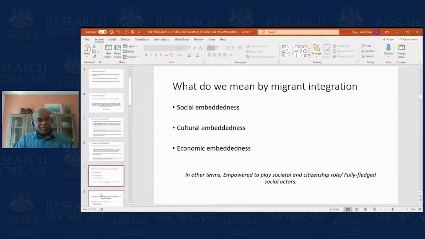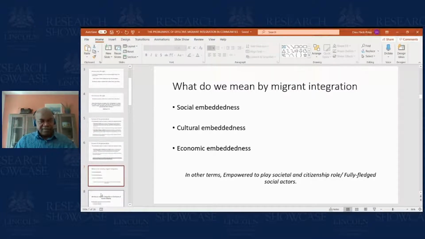So there is a notion of exchange here that takes place in what we call cultural embeddedness. So we are not looking at cultural embeddedness as a cultural colonialism, where the dominant groups tend to force their values upon the new arrival, and therefore cause them to assimilate forcibly. And the third condition that we have here is economic embeddedness. So where the migrant can prosper, can be wealthy economically.